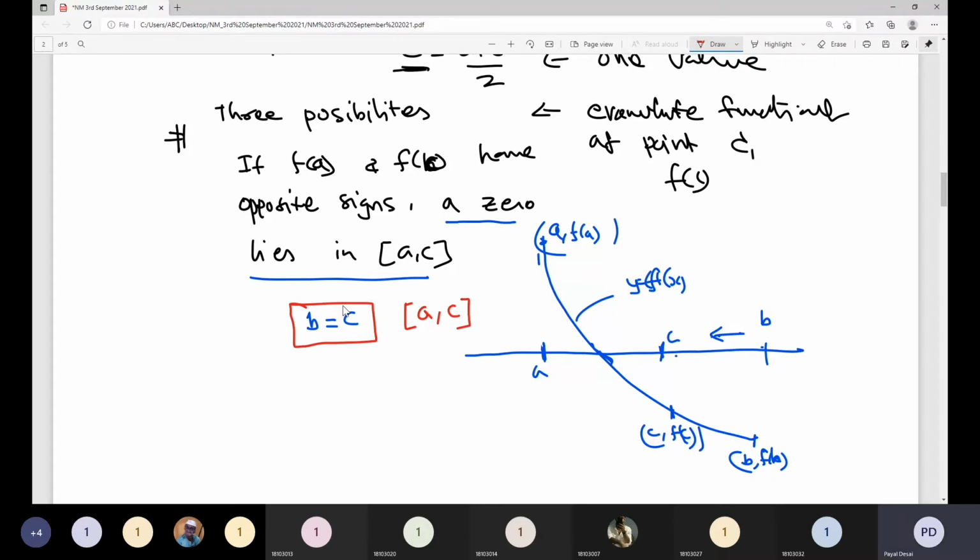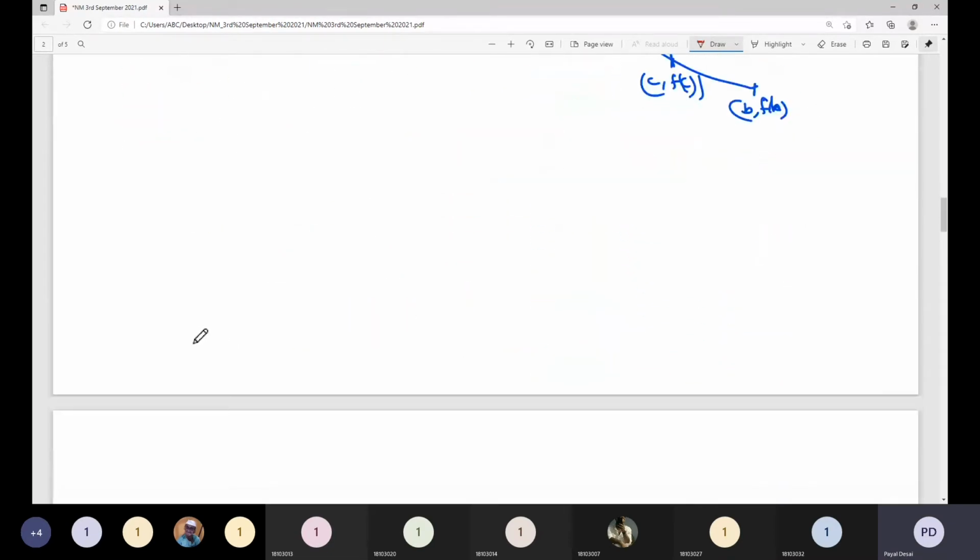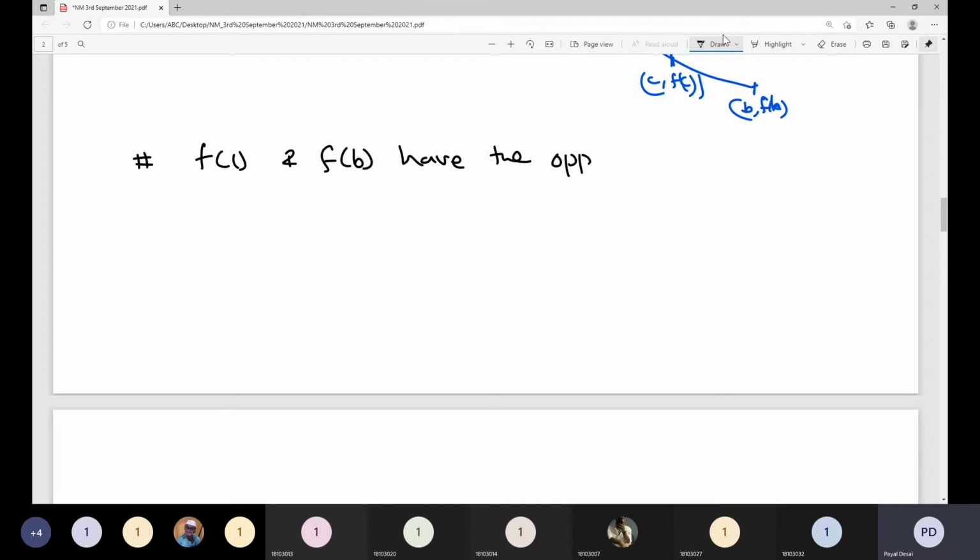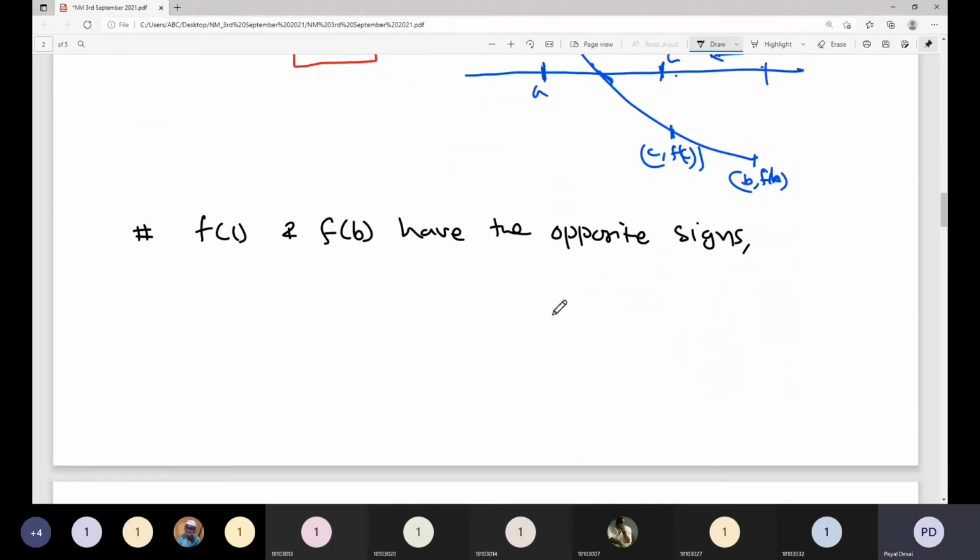Now if you try to compare FC with FB, that is the second possibility. So this is your first possibility. So if FC and FB have the opposite sign, then of course your graph, I'll draw how it looks like.